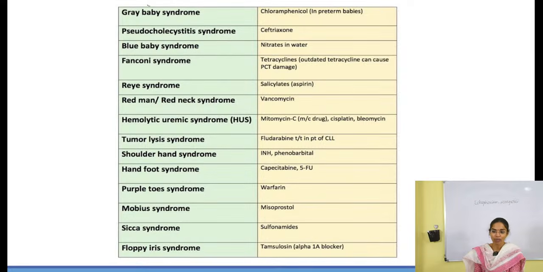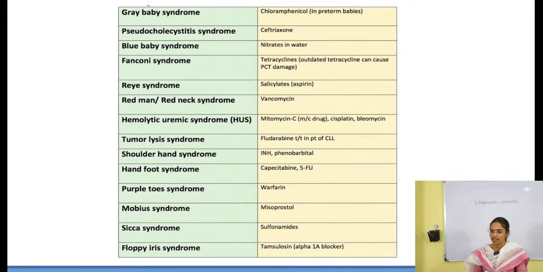Reye's syndrome is also very, very important. Reye's syndrome is one of the most prominent side effects of salicylates, especially aspirin. Also red man syndrome, which we just discussed with vancomycin. Purple toe syndrome, warfarin.